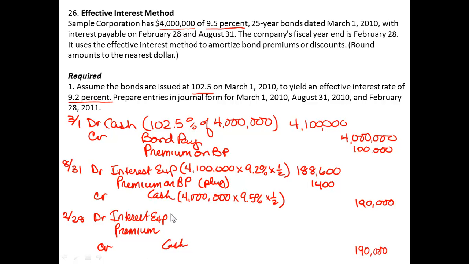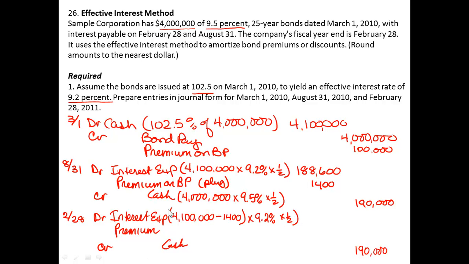The interest expense, though, the carrying value started out at $4,100,000, but we said that the carrying value is going to be reduced by the amortized premium. So the new carrying value will be reduced by the $1,400 we had previously amortized, times the effective rate, which is 9.2% for half a year.